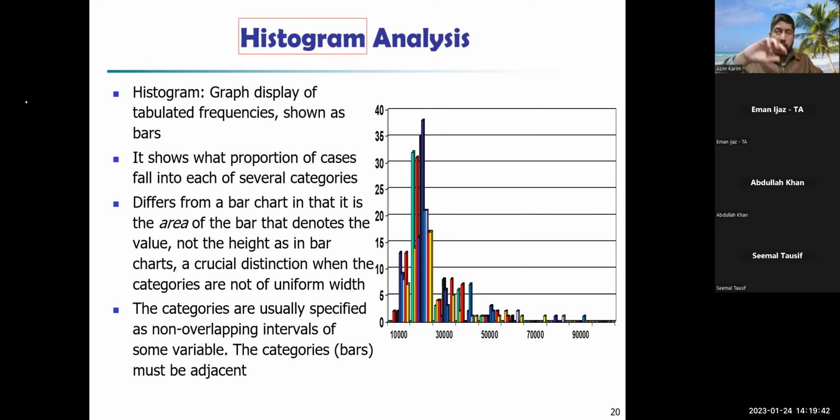The height of the bar represents either the count or the frequency. When I say frequency, usually I mean the number of values divided by the total number of values, a ratio. And each bar represents an interval, usually an equi-width interval of the attribute of analysis. Again, you get an idea of the spread of the data as well as the distribution of the data.